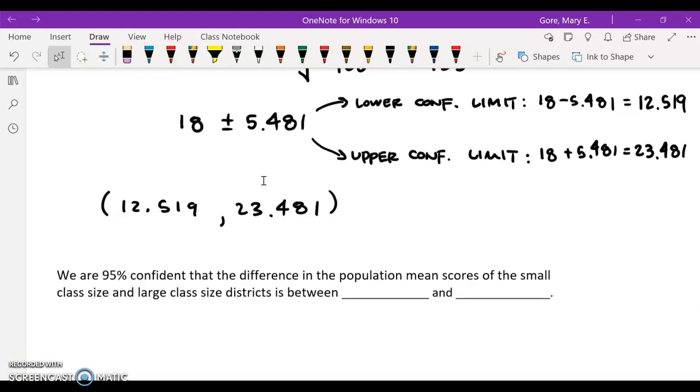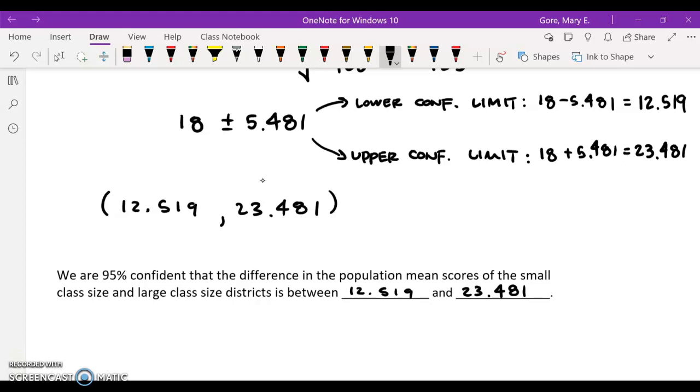It says we are 95% confident that the difference in the population mean scores of the small class size and large class size districts is between 12.519 and 23.481.